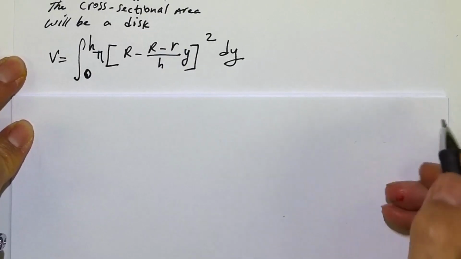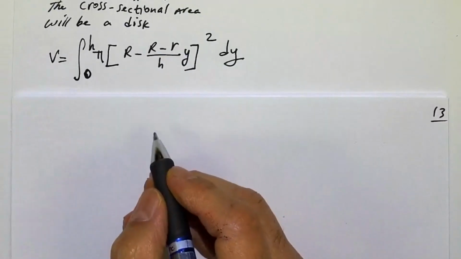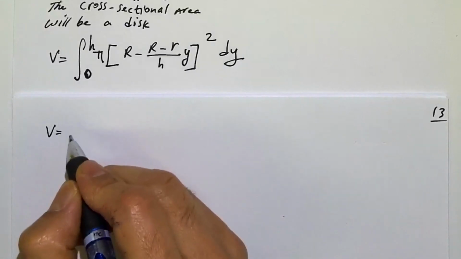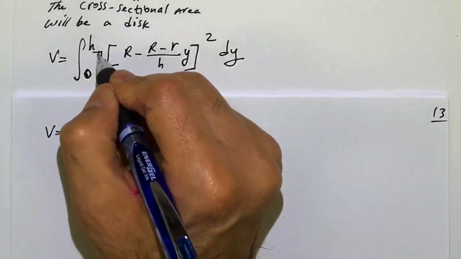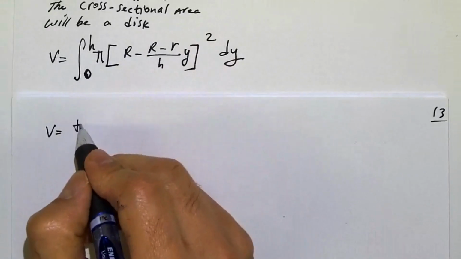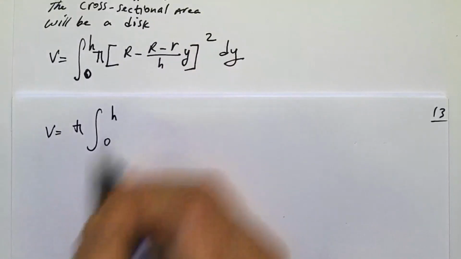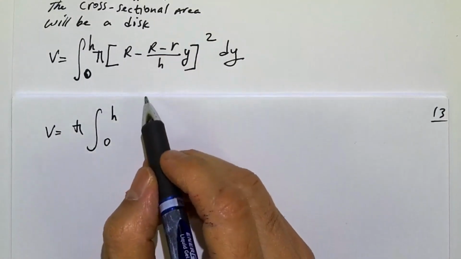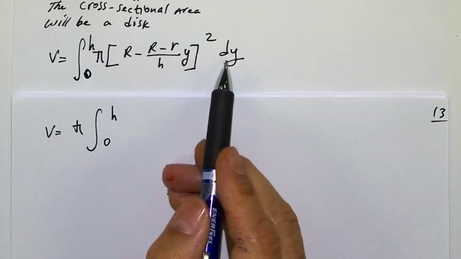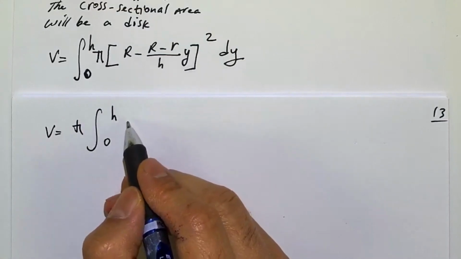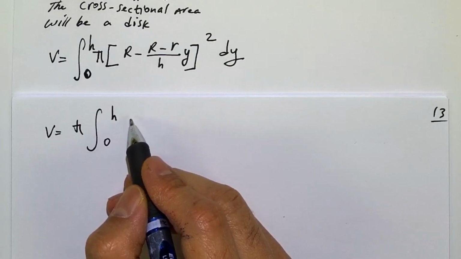So we have this pi in front, integral from 0 to h, and then we're integrating with respect to y.